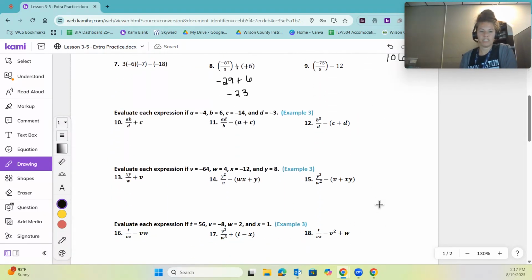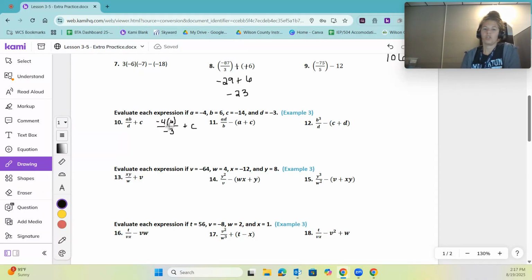Now, these next ones give you an expression with variables, and then they tell you what each variable represents. So the first thing we need to do is write out our new expression with our new values. So AB means A times B, and if A is -4, we're doing -4 times B, which is 6, and then that's going to be divided by D, which is -3, and then all of that we will add C to.